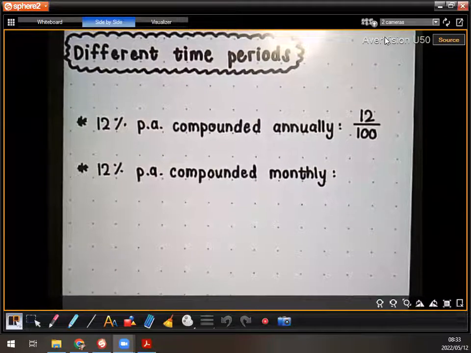Guys, what happens when your interest rate is just a per annum interest rate, a once a year interest rate, is you have money in the bank, and at the end of the year, they do one interest calculation, and that is the amount that they added. But if it's compounded monthly, what they do is they take that 12% and they split it up into 12 parts, right? And at the end of every month, they calculate an interest.